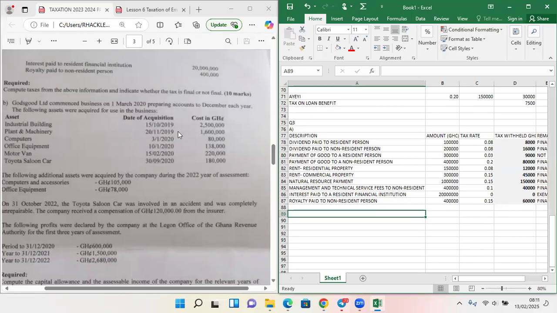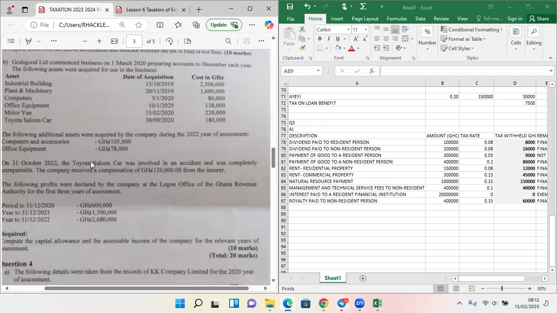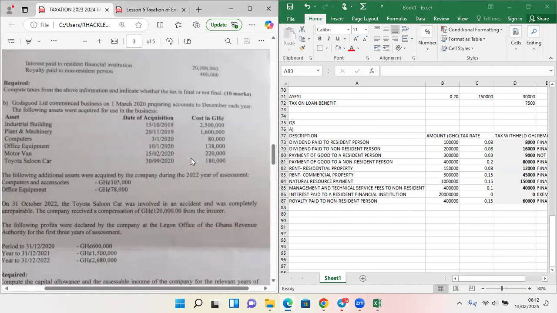But I said that when we are dealing with capital allowance, the date of acquisition is not important. What's important is the time that the business commenced, right? So that's what we are going to take into consideration. Also, what you need to take into consideration here is this Toyota saloon car, 180,000. Since it's a saloon car that cannot carry more than half a ton, or cannot take 13 passengers, we restrict the value to 75,000.